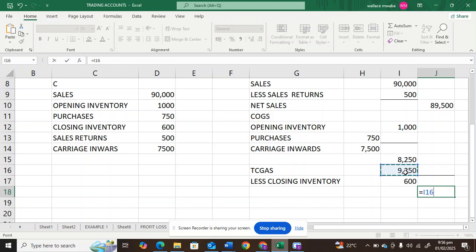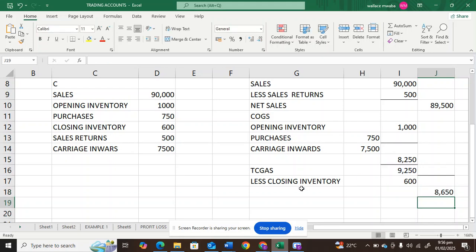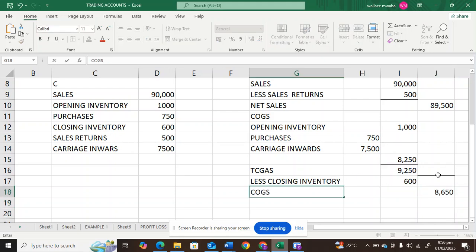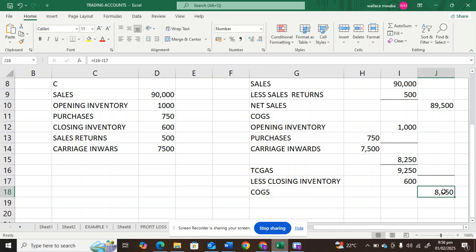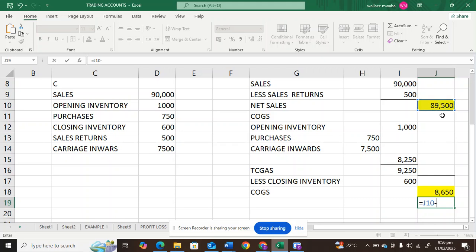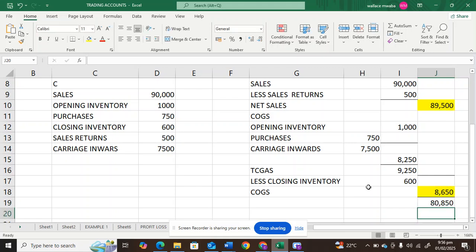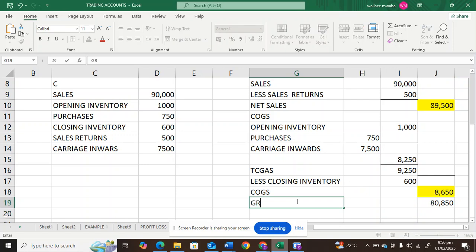So the total cost of goods available for sale minus the closing inventory gives us the cost of goods sold, which is 8,650. Once we've got our sales revenue and the cost of goods sold, we can now get our profit. Profit is sales revenue minus cost of goods sold, 80,850. That is the gross profit.